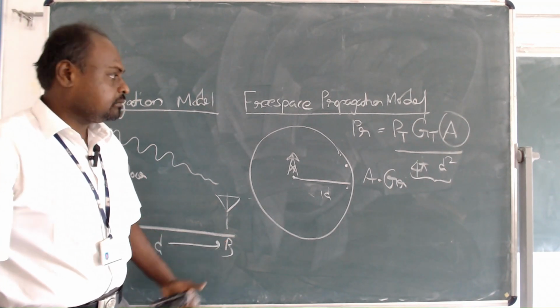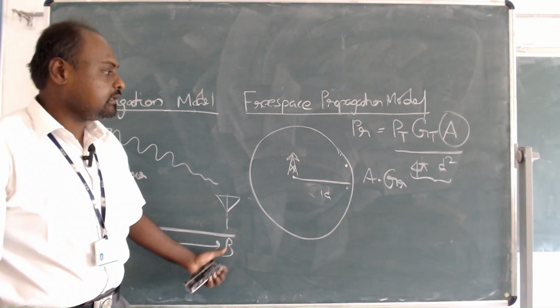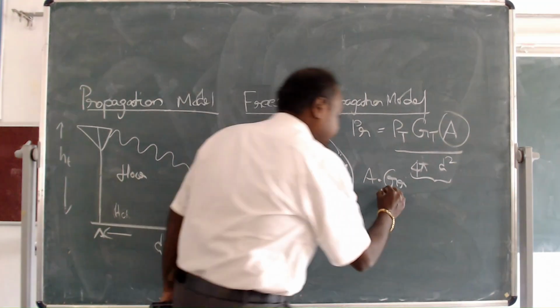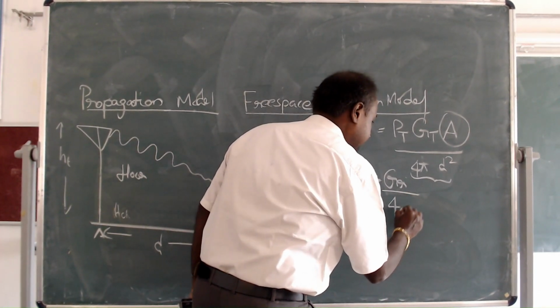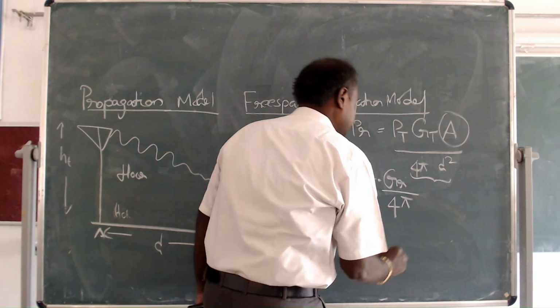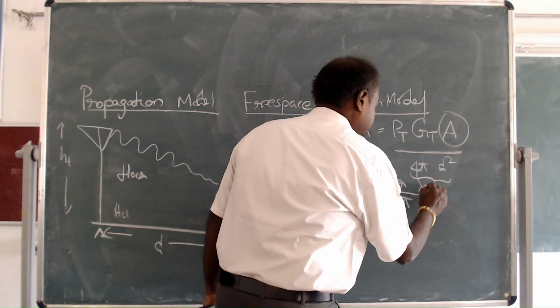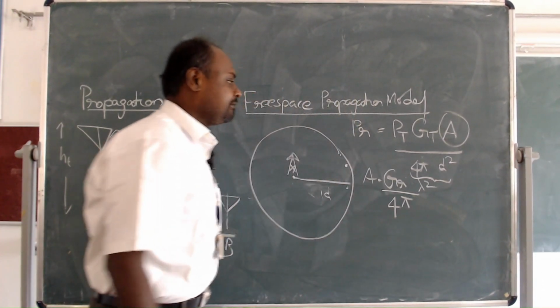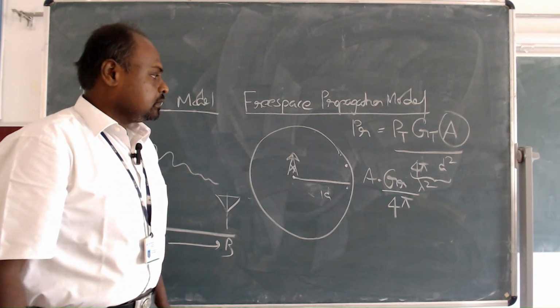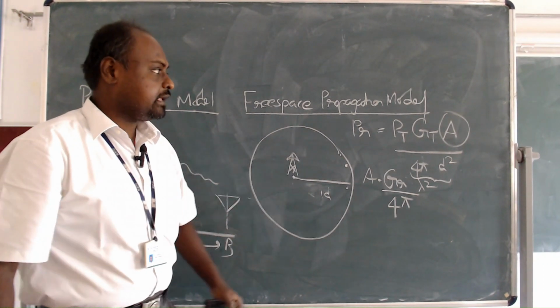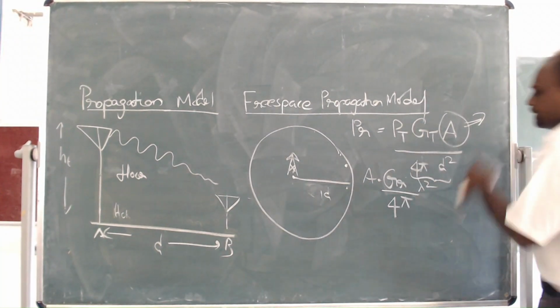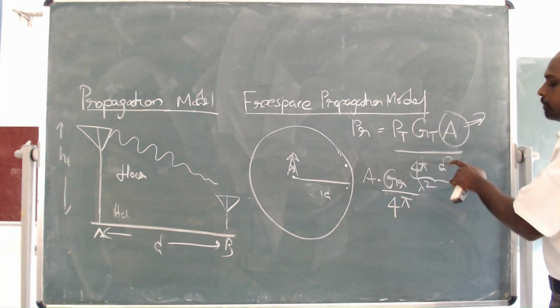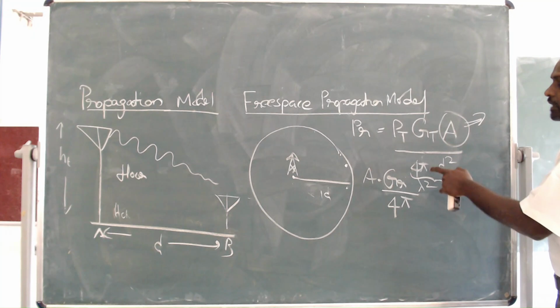So it is GR, the gain of a receiving antenna, divided by 4 pi, into lambda square. Lambda means the wavelength. So this is the A. Here A represents the point of reception, the reception area, and the 4 pi D square means the area of the sphere.